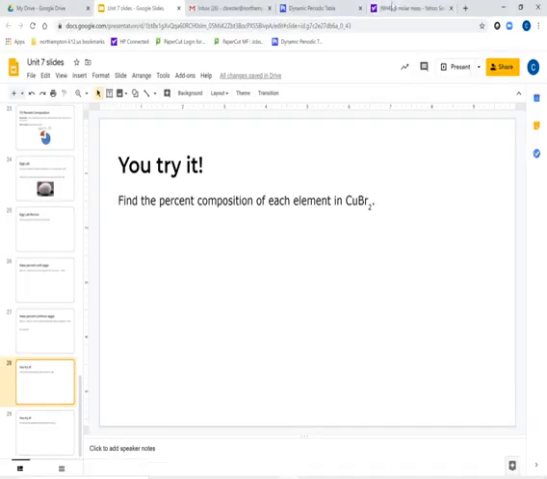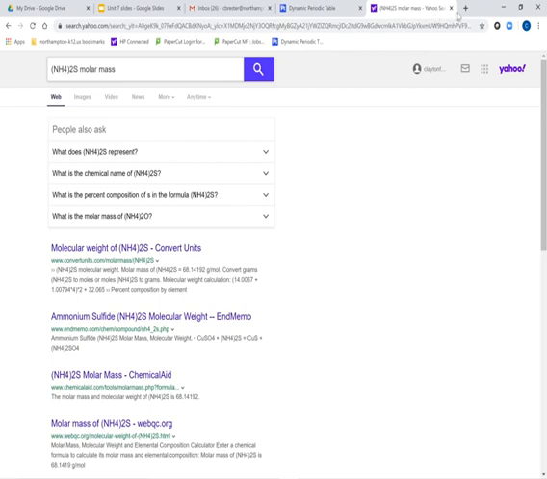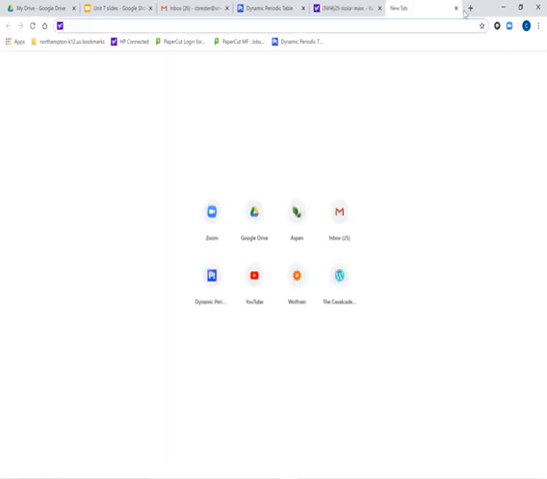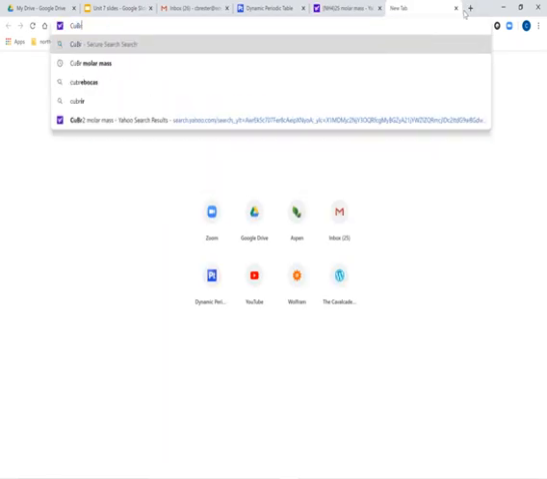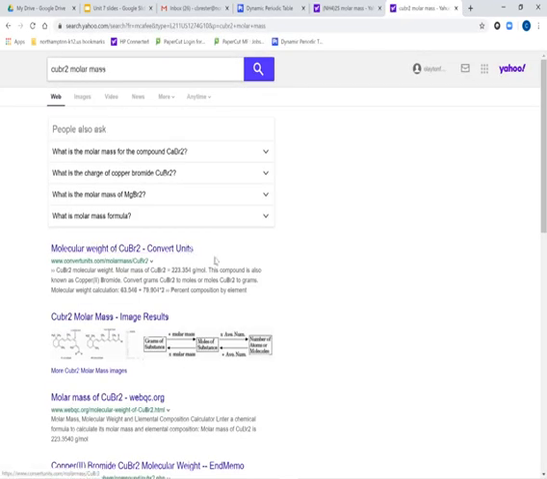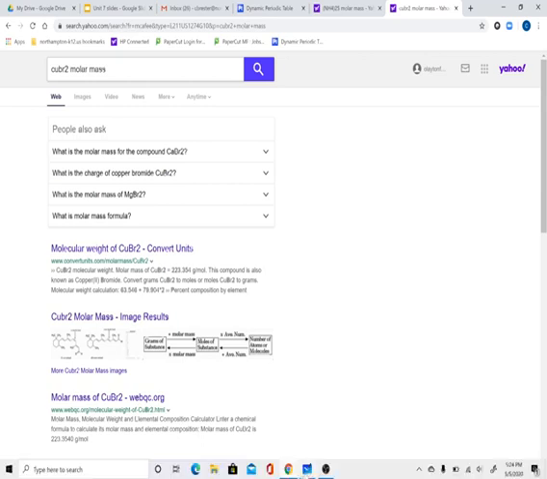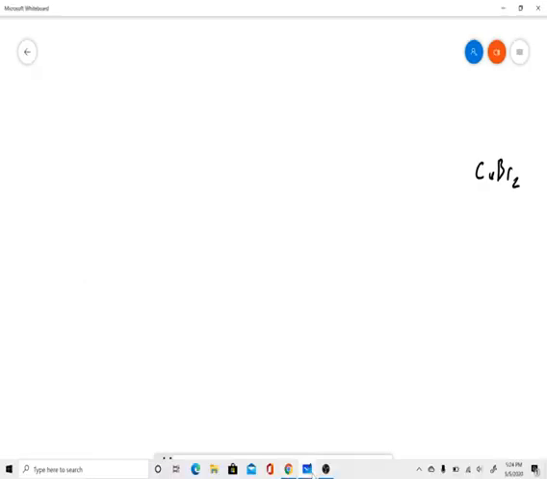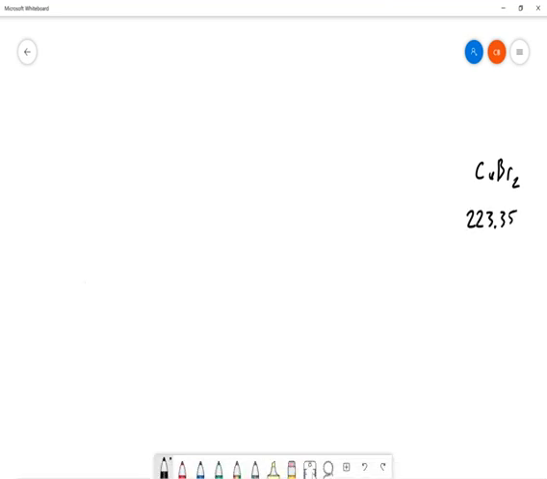And I'm going to look that up here. CuBr2, molar mass, 223.354. Okay, let me write that down. 223.354 grams per mole. All right.